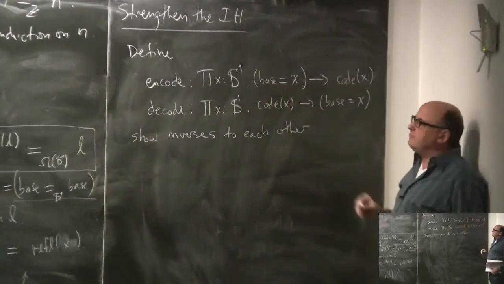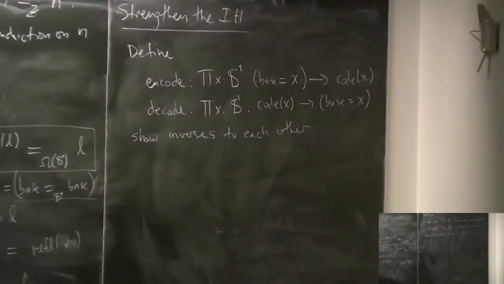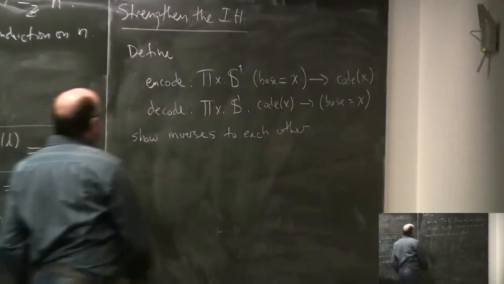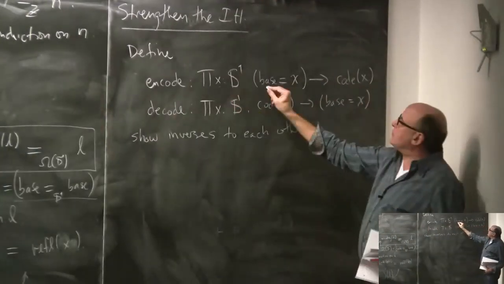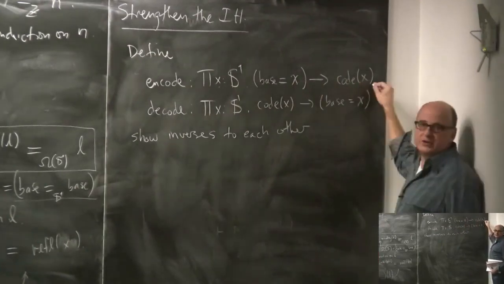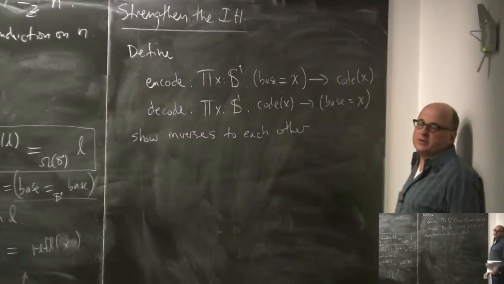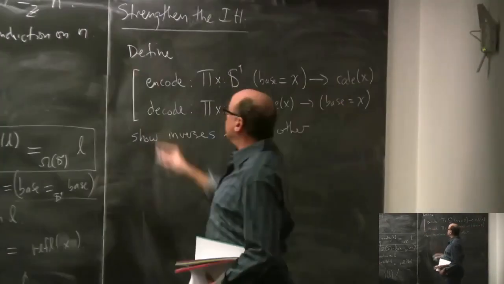So if you plug in base, and you look at what code of base is, it's Z. Okay? So I will then plug in base, and I will have an equivalence between base equals base, the loop space, and code of base, which is Z. So I will have an equivalence between the loop space and Z. And I'll be done. Okay? So this is the idea. It's just strengthen the IH.